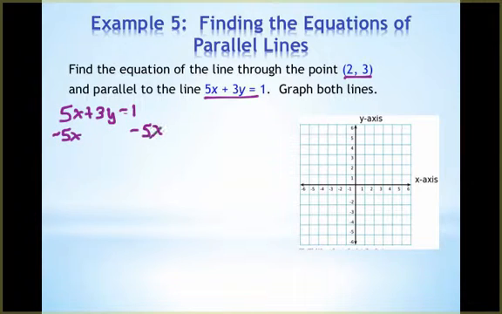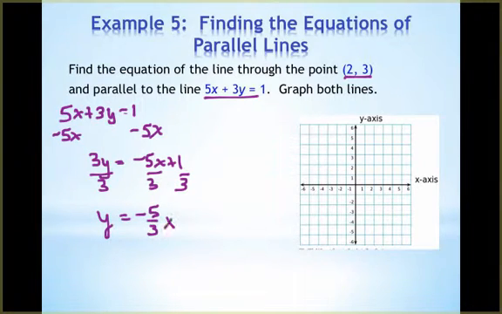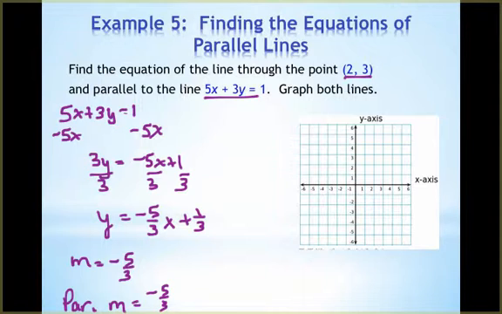So we'll subtract 5x, divide by 3. So y would be negative 5/3 x plus 1/3. So the slope of the line that I was given is negative 5/3. So that means that the parallel slope is also negative 5/3.